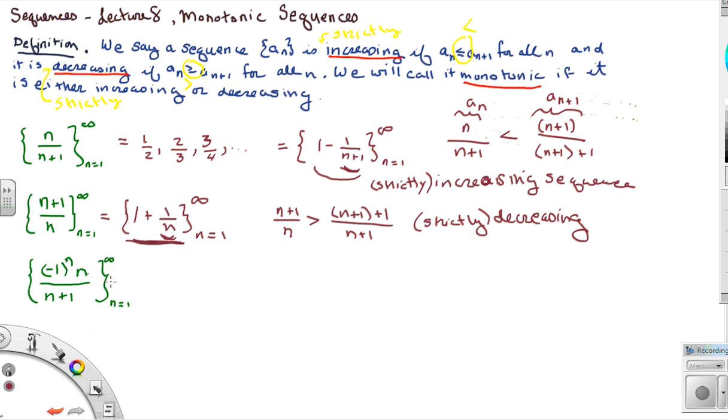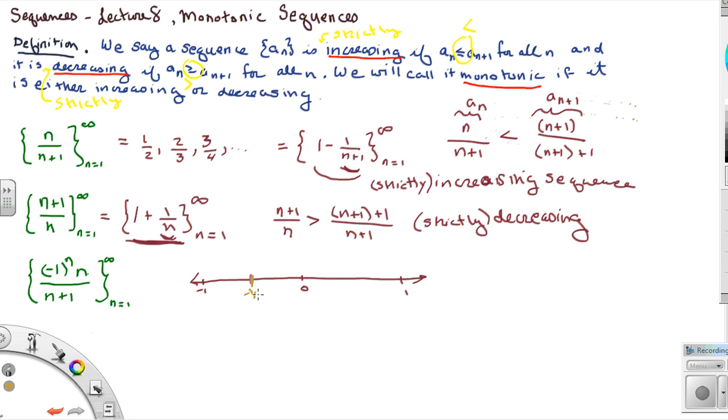Now this one is not quite the same as before. I wanted to do this one because it's kind of interesting, and I want to plot these on a number line. Let's get our number line with 0, 1, and negative 1. At n equals 1, I'm going to have negative 1/2.